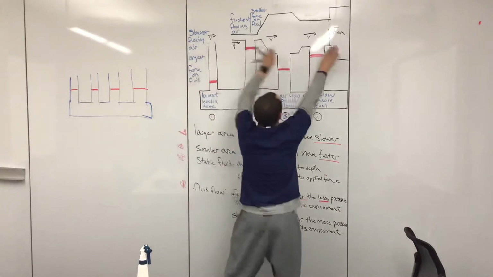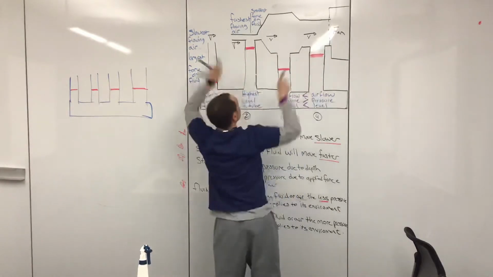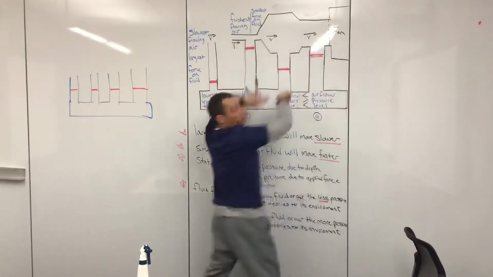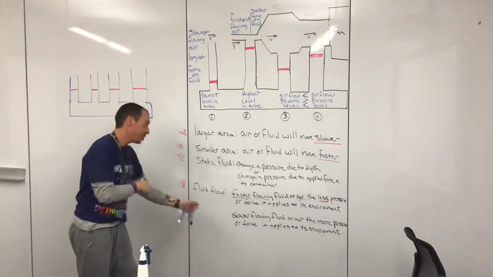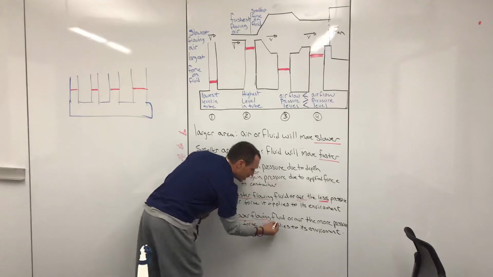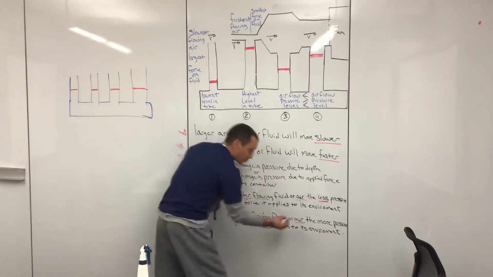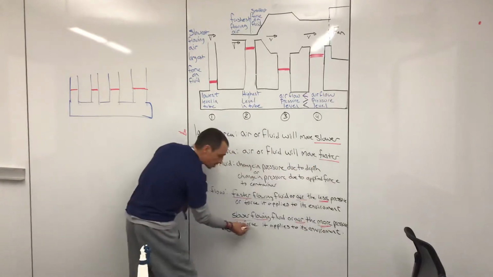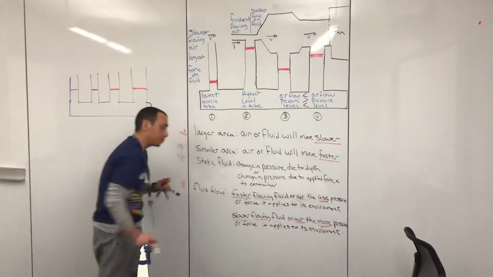So the faster the air flows here, the less force it's going to put on these tubes and on the water. And the slower the flowing air or fluid, the more pressure or force it applies to the environment.